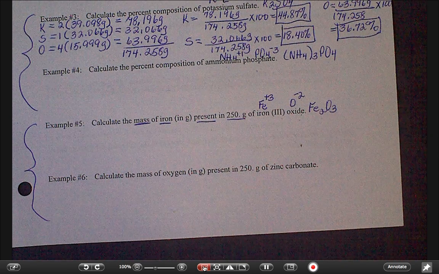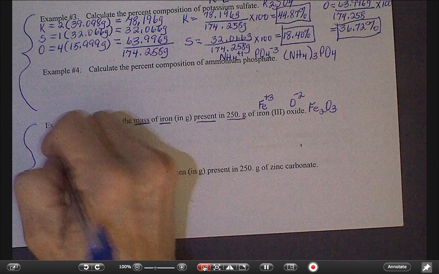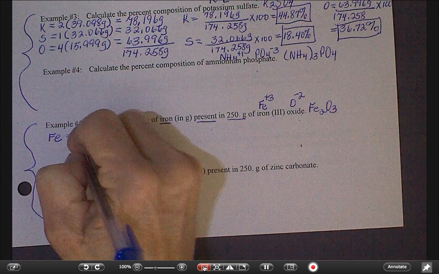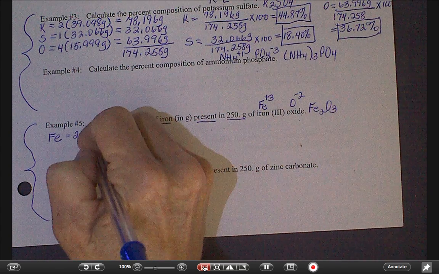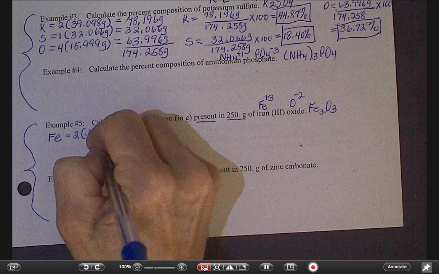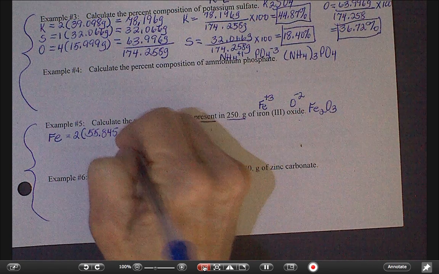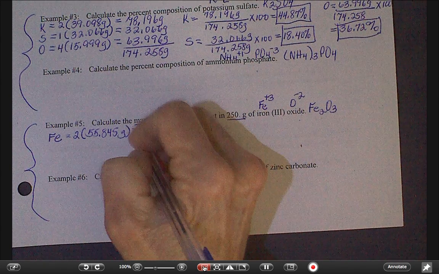Does everybody agree? Okay, so that's the first thing we're going to do. My Fe, I have 2 of them. Iron is 55.845. Okay. Which equals 111.69.